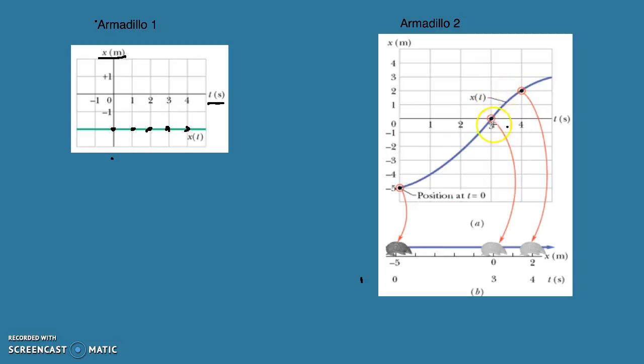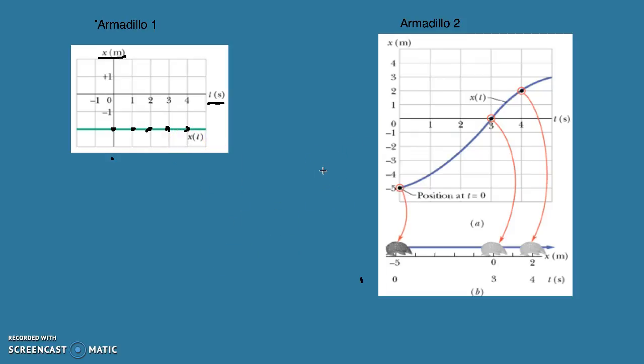So in this region here it's traveling the fastest. It goes the furthest amount of distance in the shortest amount of time. Okay, and so that would indicate to us where it's going the fastest. Okay, so we'll say armadillo 2 moving a little bit faster than armadillo 1.